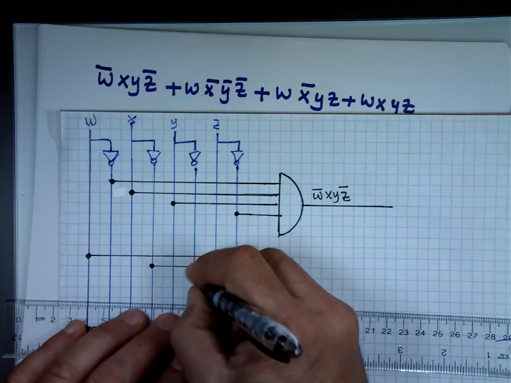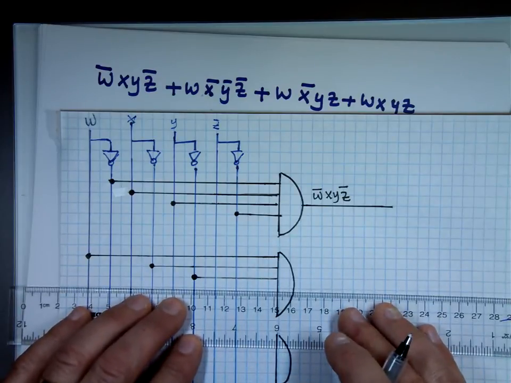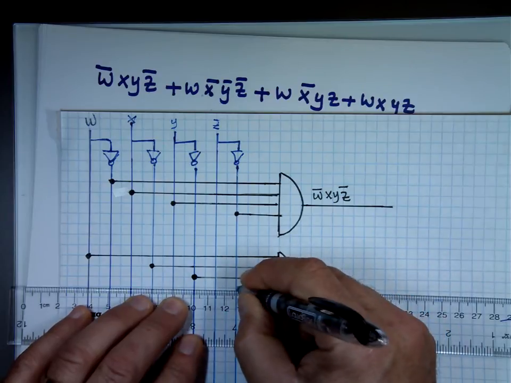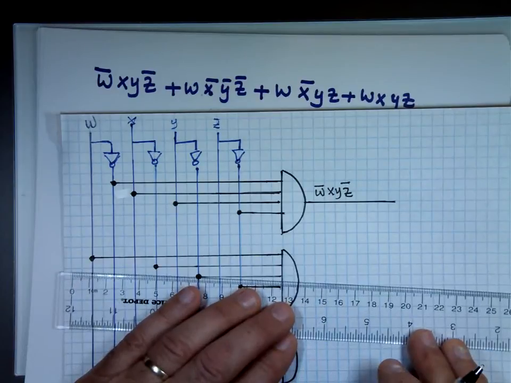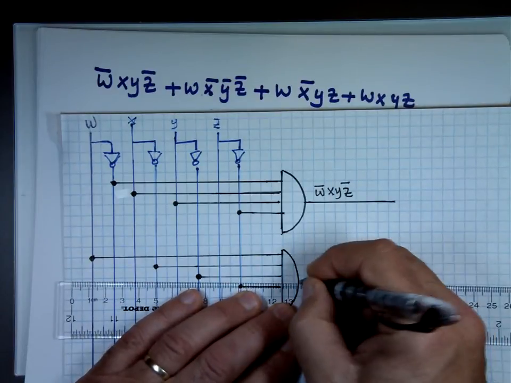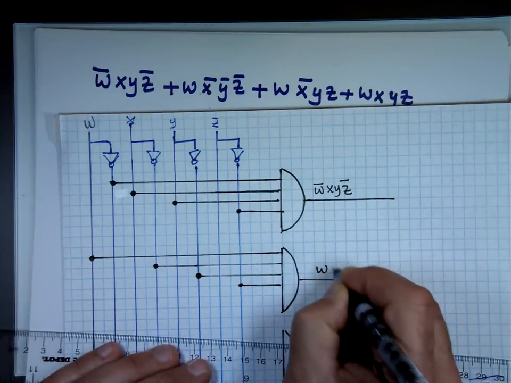And Z bar. That's the next one. So now this one here, it's W, X bar, Y bar, Z bar.